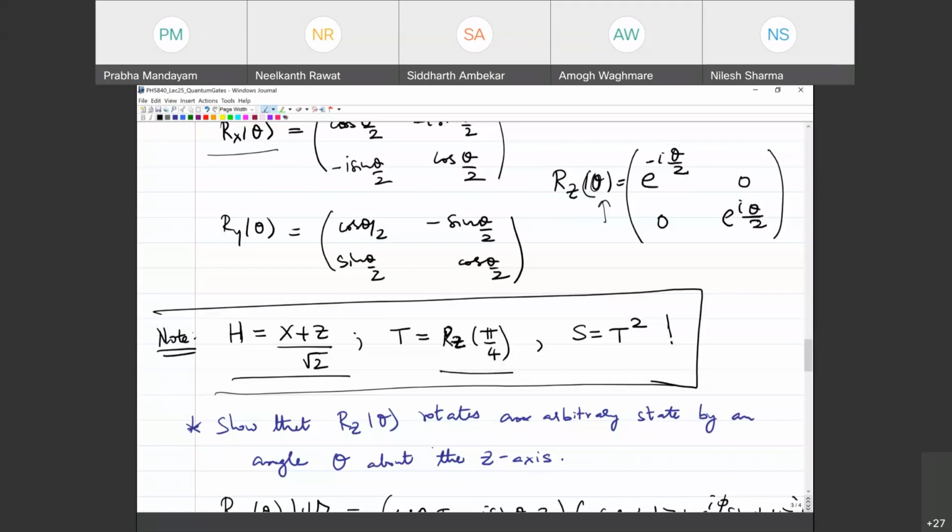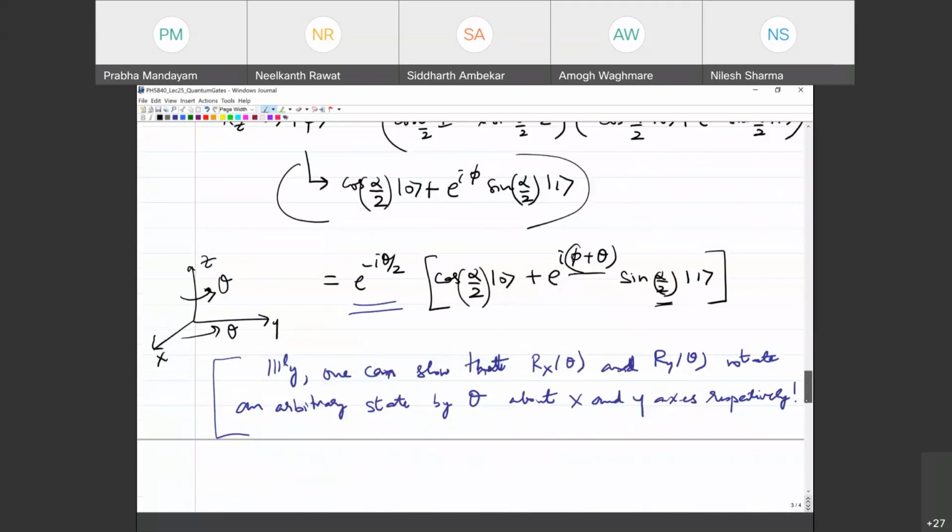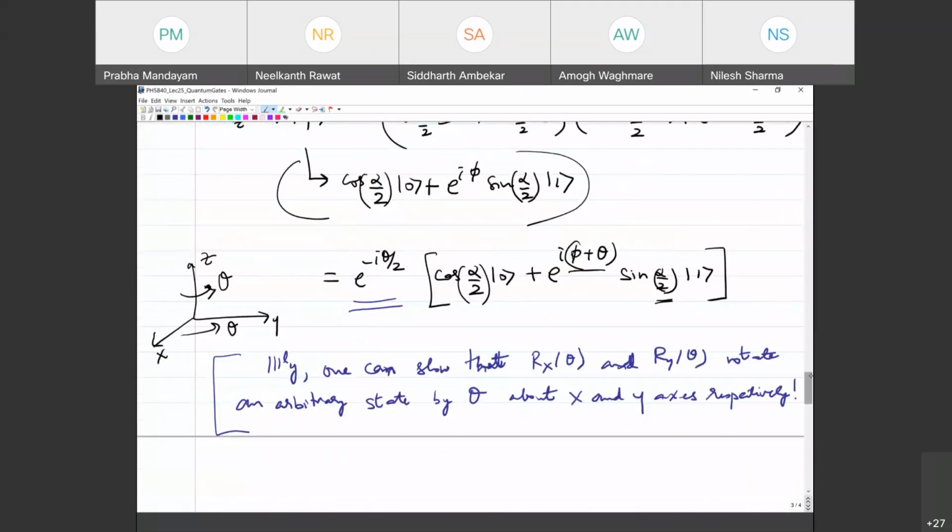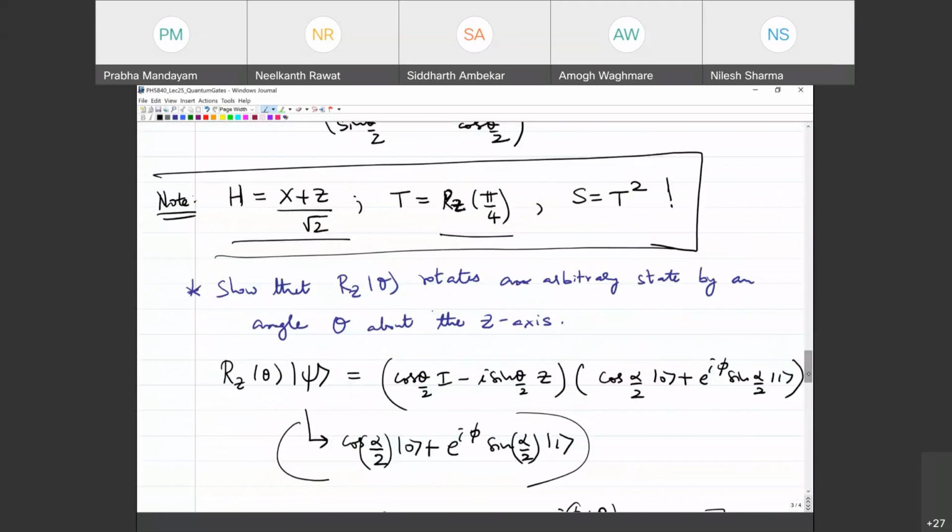So this should remind the physics guys of something. Is this the Euler angle concept? Exactly, exactly. So this should remind you of Euler angles. And as you can see from a practical implementation point of view, this is very useful, and this is indeed what, say, the IBM architecture does. They have a way to realize these rotation gates.